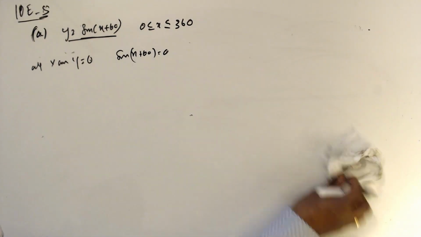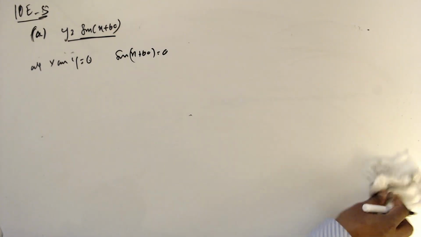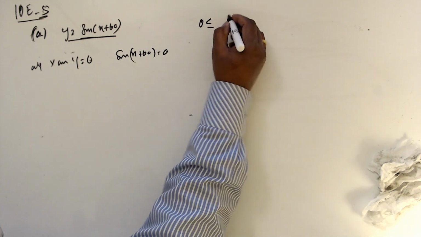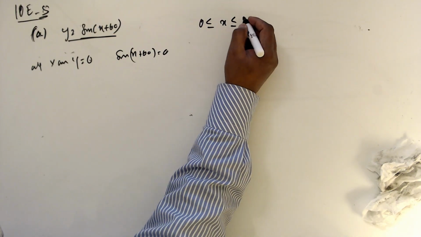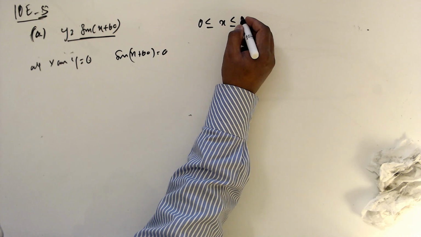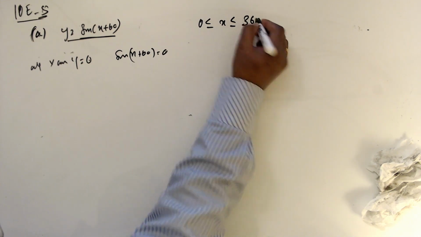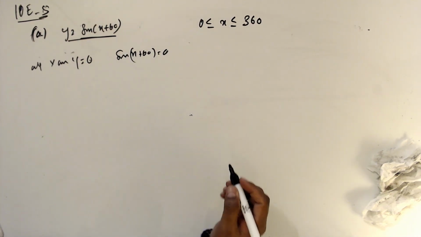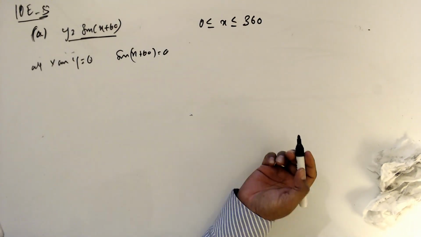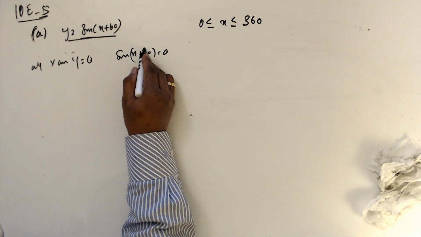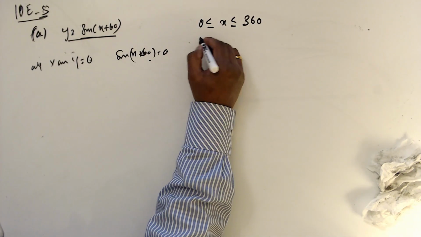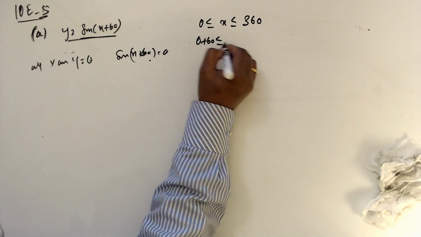Now when you look at the range, 0 less than x less than 360. Now the range is 360. Now this is x plus 60. To match with this one, I'll add 60.